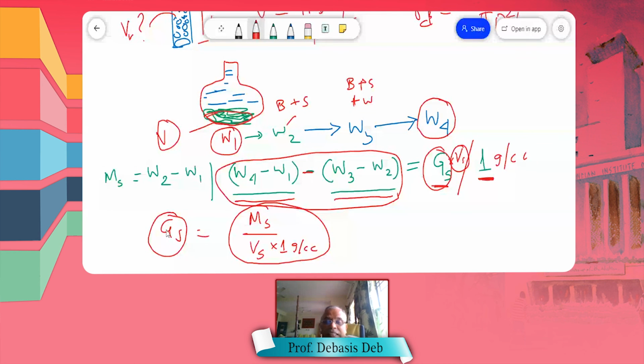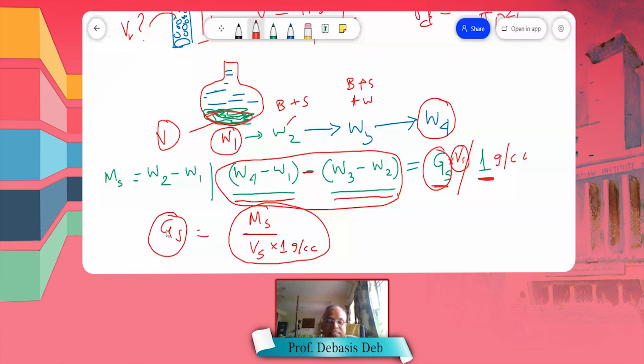So when I subtract, I get the volume it has occupied in that Vs space. What is the volume of that solid? Because that is what I am looking for. So now my Ms by Vs is what I am looking for, and that gives me Gs.